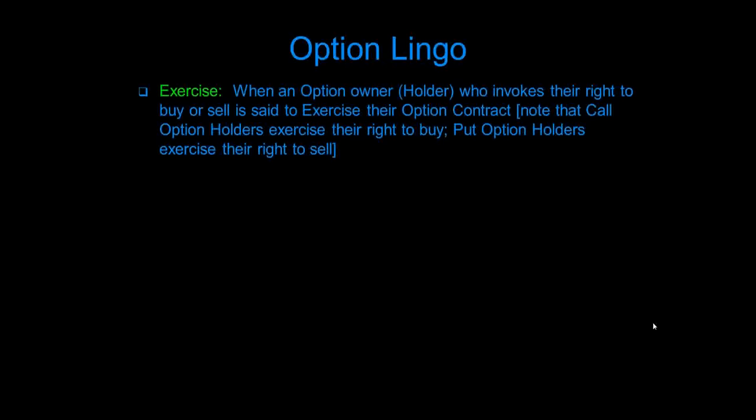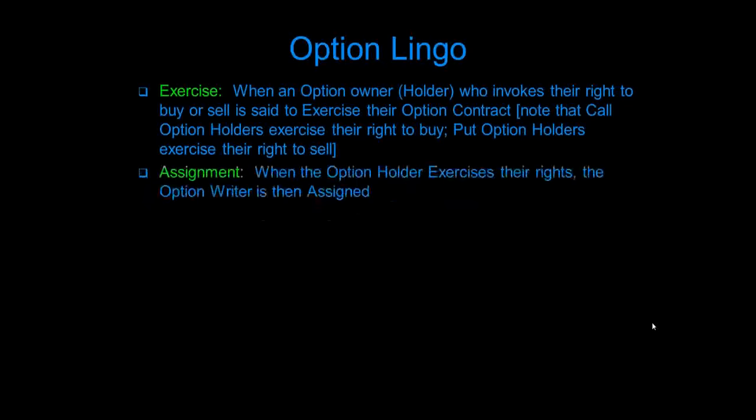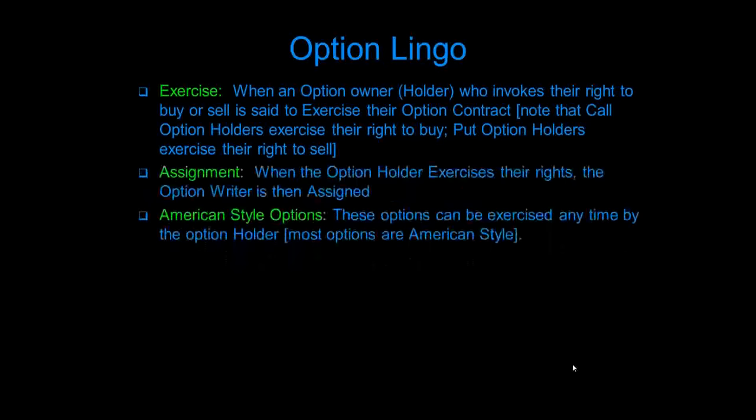I'll lay that out for you on the next screen to make it clearer. Assignment is just the opposite. When an option holder, meaning the person with the long position, exercises their rights, the option writer, the person who wrote that short position, is then assigned. You're going to get very comfortable with these terms, exercise and assignment.